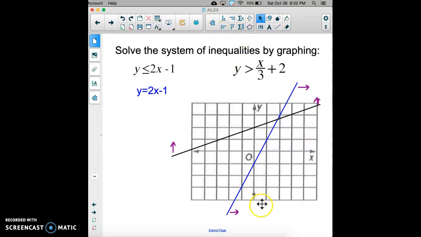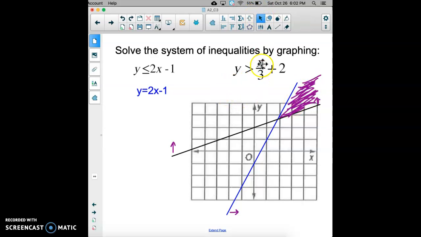And the place where those arrows are going to meet: this only catches the blue line stuff, this only catches the black line stuff because the arrow's pointing over here, this doesn't catch anything, but the cross section where they meet, where the arrows are pointing at each other, is going to be where my solution set actually lies. So if you're going to fully shade at the end here, shade everything in between those two lines, because that's where the solution set actually is.